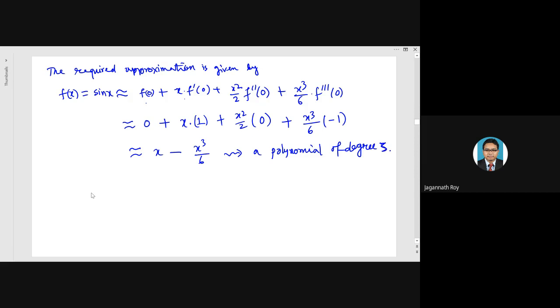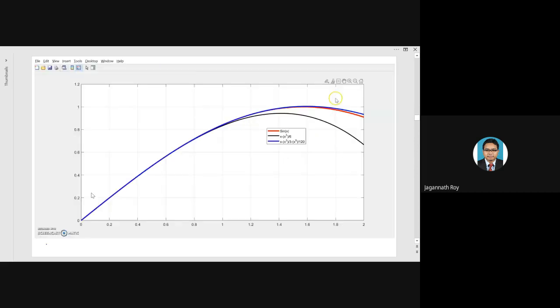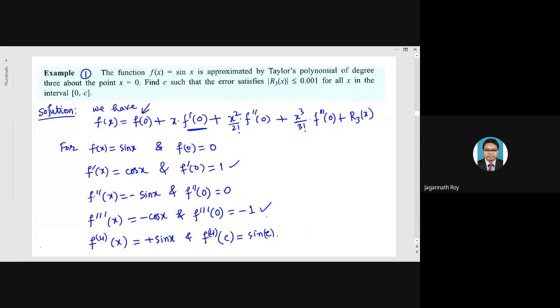So this is our approximation, the approximate polynomial for the given function up to degree 3, because you have to do it with a degree 3 polynomial only. Okay, and you have to evaluate about the point x equals 0.